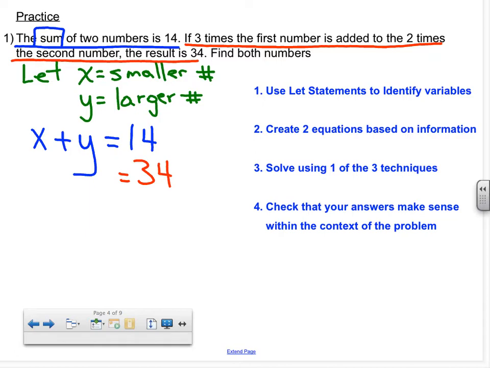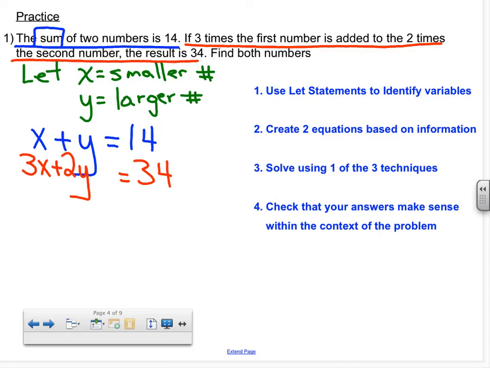And now let's start from the beginning. 3 times the first number, okay, is added to 2 times the second number. The result is 34. Okay, so 3x plus 2y equals 34. And now, I have my system.